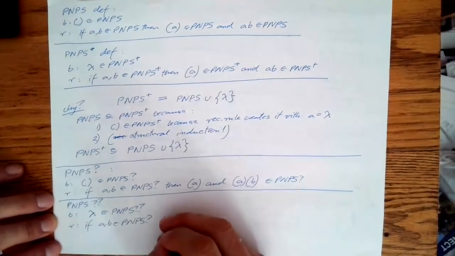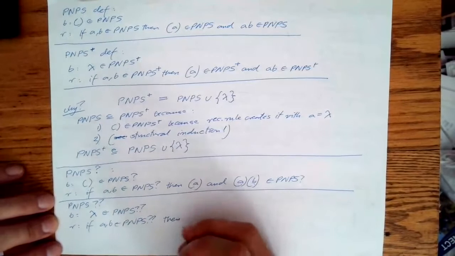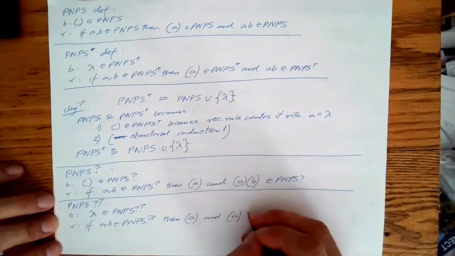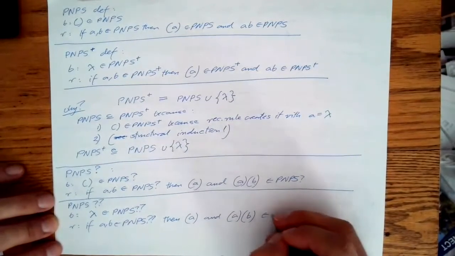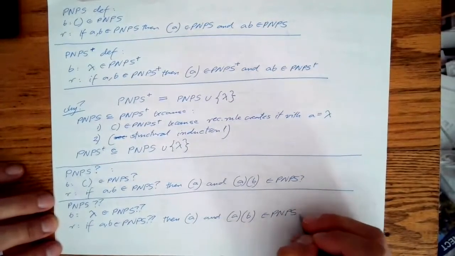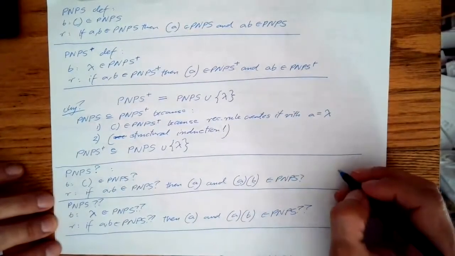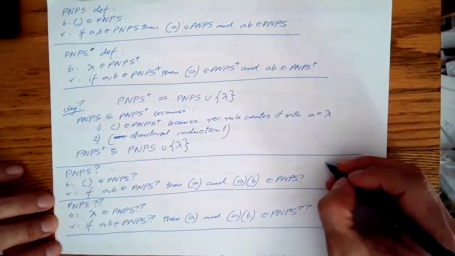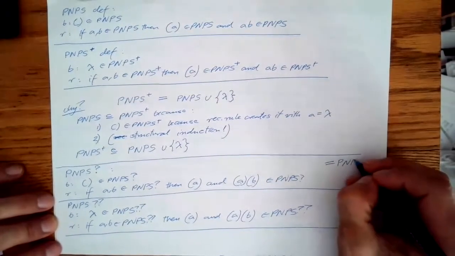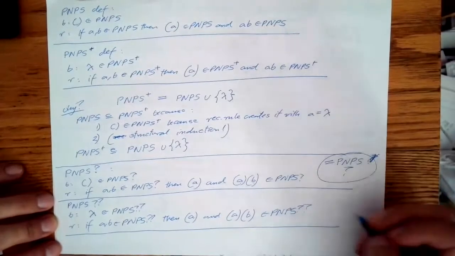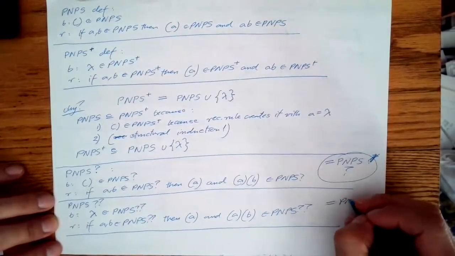So if A and B are in the double question mark, then so is open A close, open B close in PNPS question mark. Is it the same as PNPS? Is this the same as PNPS?